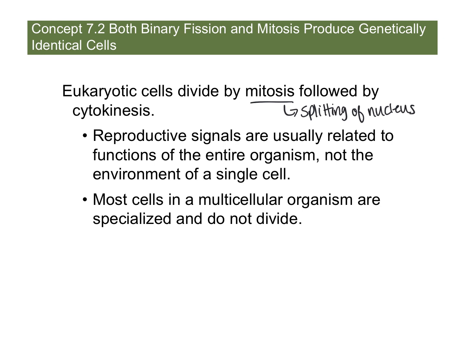So in other words, in the case of eukaryotic cells, there are hormones that control growth and trigger the division of cells. Most cells in a multicellular organism are specialized and do not divide. A common example of that would be neurons in a human.